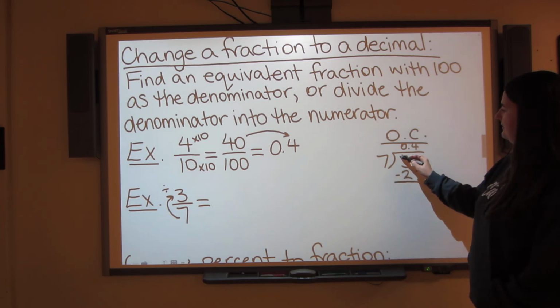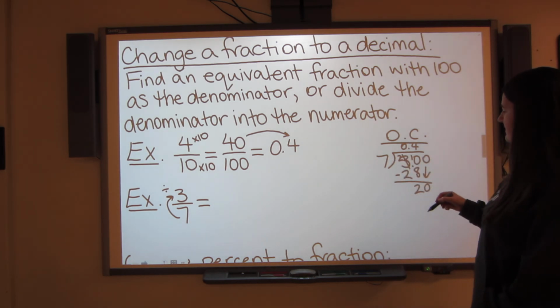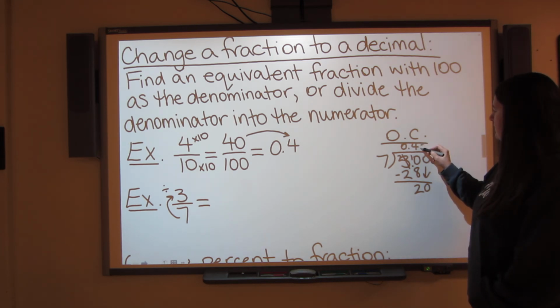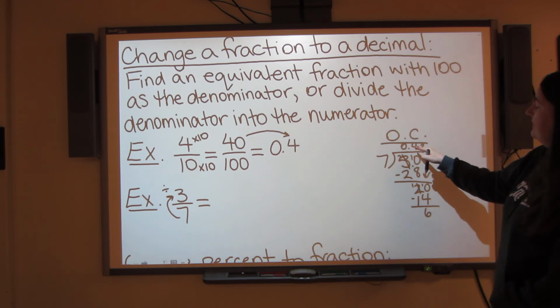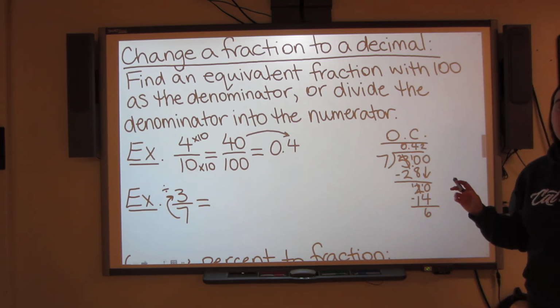And then don't forget to borrow. I've got 2 left over. I can keep dropping zeros. 7 into 20 goes twice. 14. Don't forget to borrow. All right, now if you notice, in my answer right here, I already have 2 decimal spots.